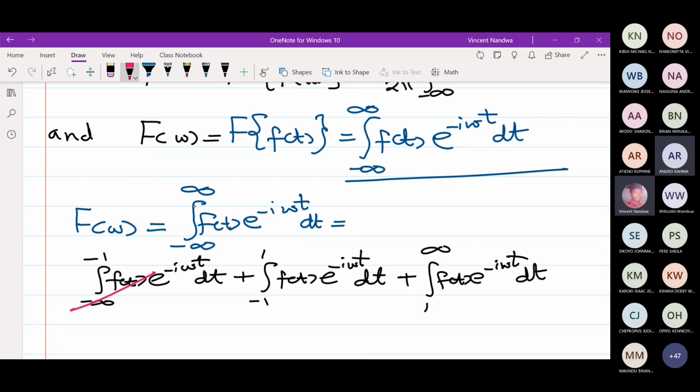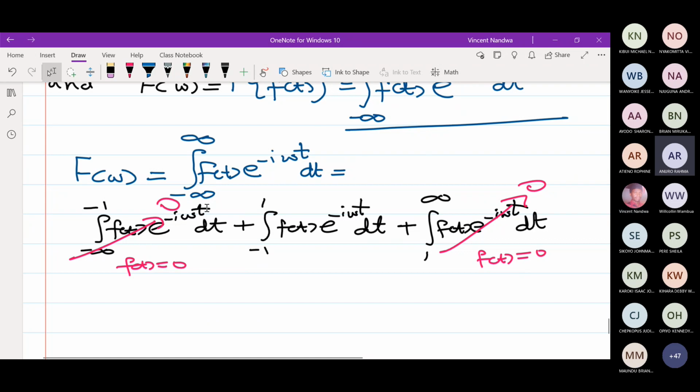We can close our eyes and say this is 0, and this is 0, since here f of t is 0, and f of t here is also 0. So this is the only part that remains, because the value of the function from minus 1 to 1 is 1.